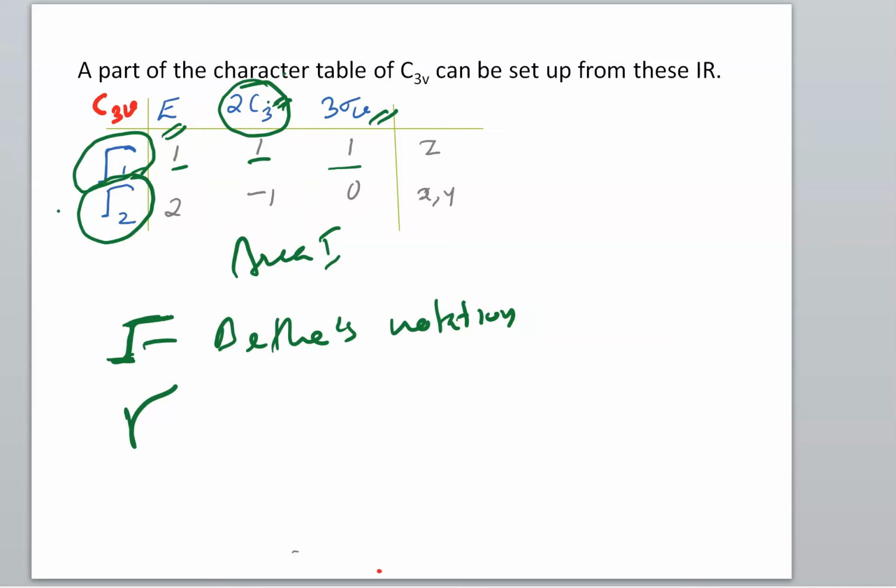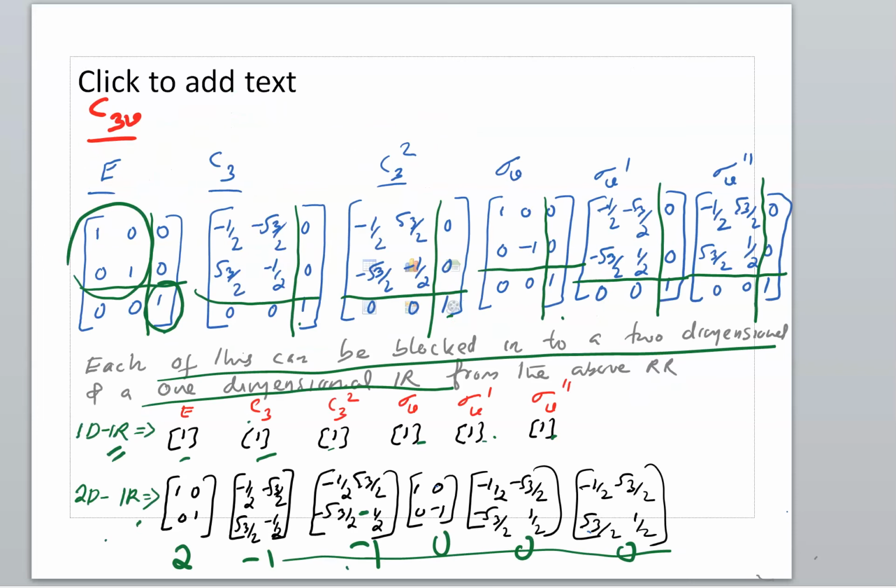Mulliken symbol we will study later. This is Bethe's notation; simply we are writing a symbol like gamma 1 and gamma 2. This is the representation of the IR, and the basis for this representation is Z. This 1, 1, 1 is the transformation of the Z coordinate, and this 2, -1, 0 is the transformation of both X and Y coordinates.